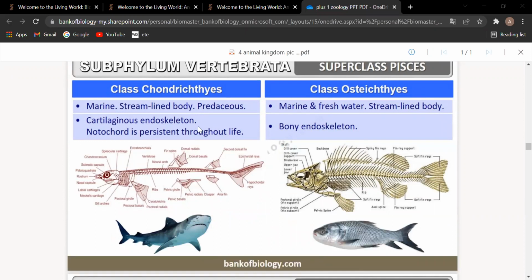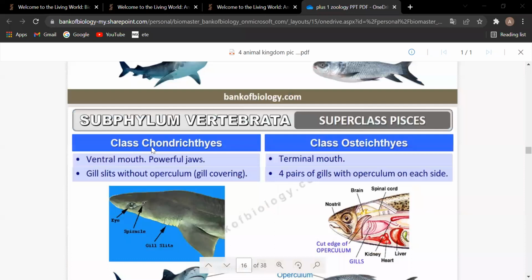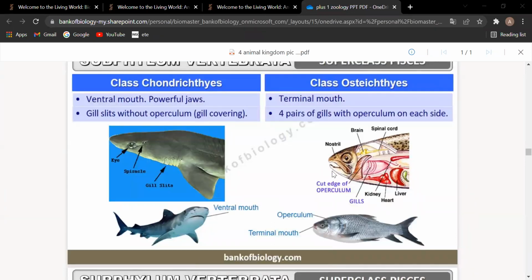Cartilaginous endoskeleton. Notochord is present throughout life. In bony fish, the notochord is going to be replaced. Ventral mouth, terminal mouth. Look at the difference between the position of the mouth. Ventral and terminal. They have very powerful jaws.